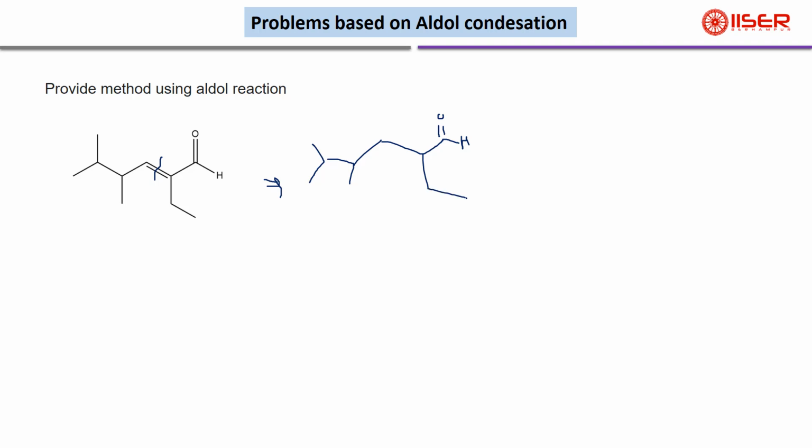So what will be the synthetic equivalent? After breaking this double bond, we are keeping a negative charge here because it is adjacent to the alpha carbon, and a positive charge here. Adjacent to the alpha carbon, the negative charge is always more stable than the positive charge. So the synthetic equivalent will be like this, not the opposite one. So this is our synthetic equivalent. To satisfy this positive charge, there should be a leaving group.